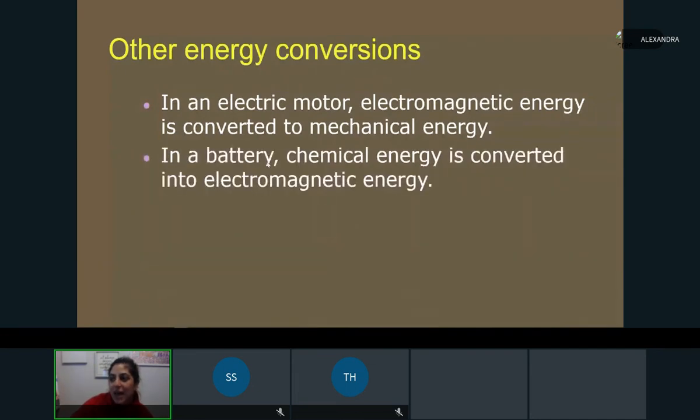Same thing in a battery. Chemical energy, because the battery is actually just a bunch of chemical reactions happening in that battery, and it's converted into electromagnetic energy. Exactly. So then that's how you're able to power up your devices.